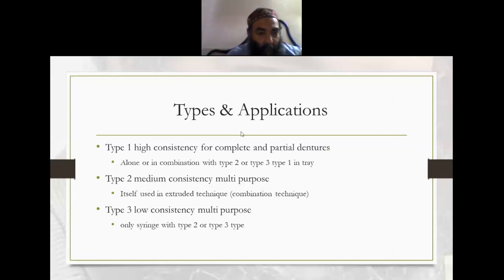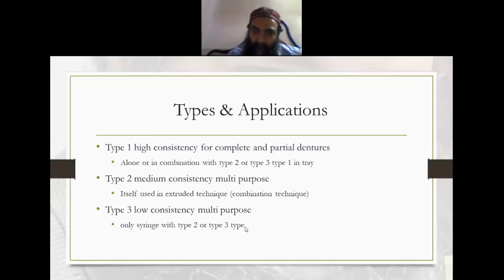Then type 3 is low consistency and multi-purpose, and it is only syringed with type 2 or type 1. Type 3 is of very low consistency and can be used only with a syringe. Type 3 can also be used as tray material but it is not in use.